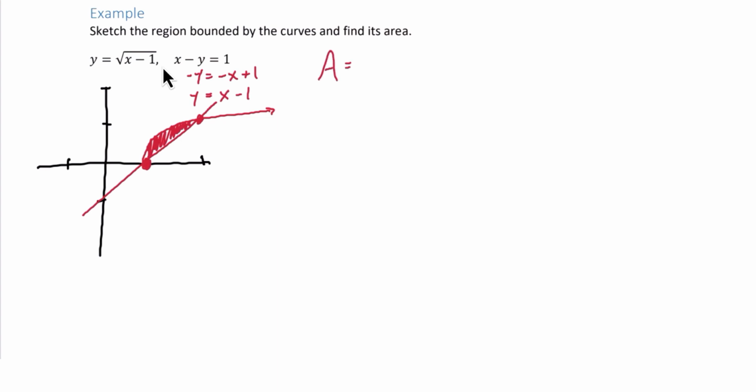To find the area, we will integrate from 1 to 2. And we'll start with the higher function, square root of x minus 1, and we'll subtract the bottom function, x minus 1, dx.